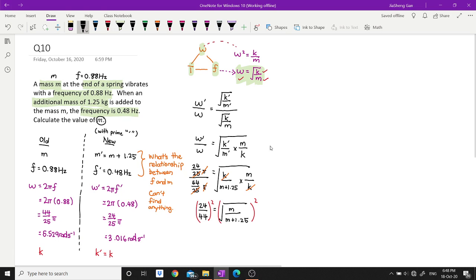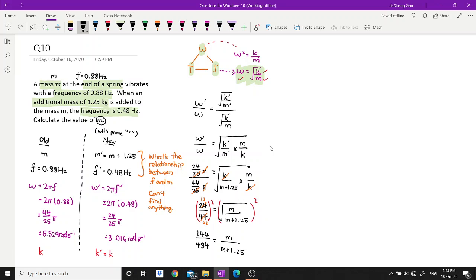So the answer will be 144 divided by 484 if you square it, and this is not the answer because I already cancelled here to become 12, I cancelled here to become 22, and did a bit of simplification, equals M divided by M plus 1.25.